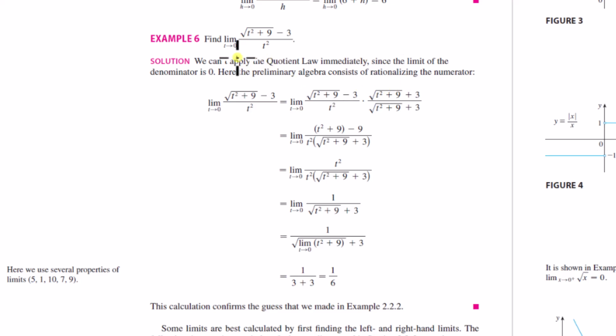Okay, so something else you want to keep in mind is if you're ever looking at a limit problem and it's a ratio like this, and in the numerator or denominator there's a radical, then you want to consider rationalizing that radical, which means multiplying by the conjugate of the expression involving that radical.